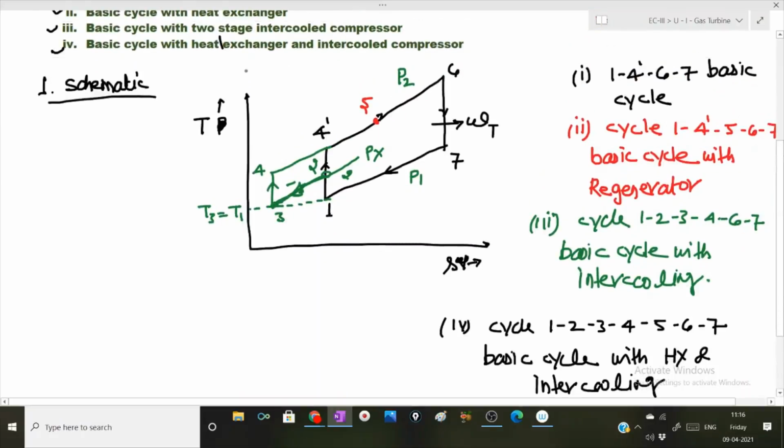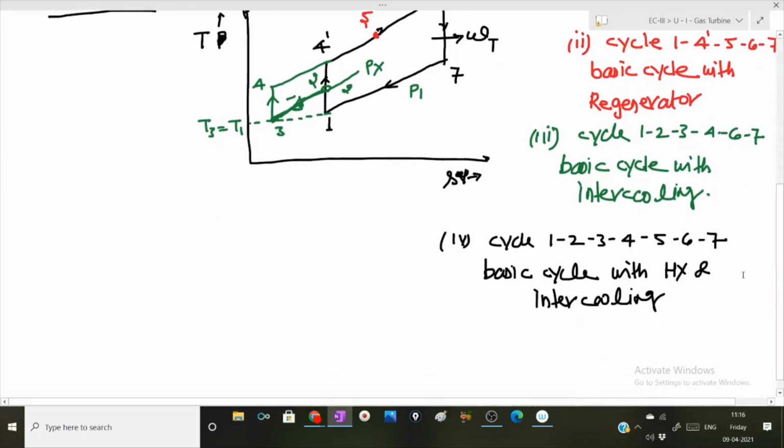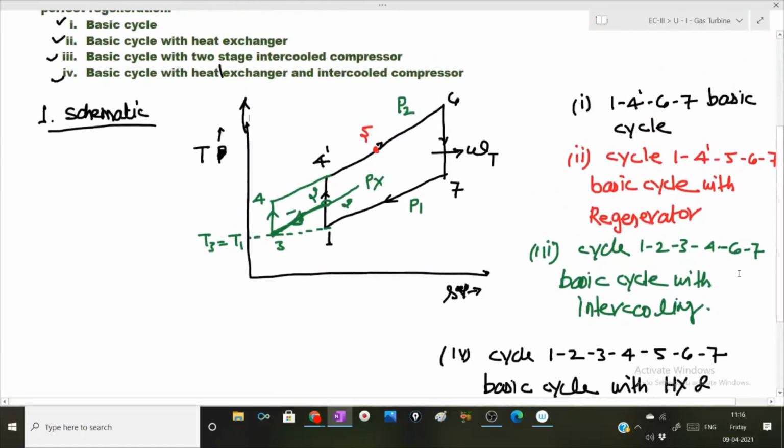So this way I can represent all the 4 cycles along with modifications on the TS diagram. Cycle 1-4'-6-7 is the basic cycle without any modifications. Cycle 1-4'-5-6-7 is the basic cycle with heat exchanger or regenerator.